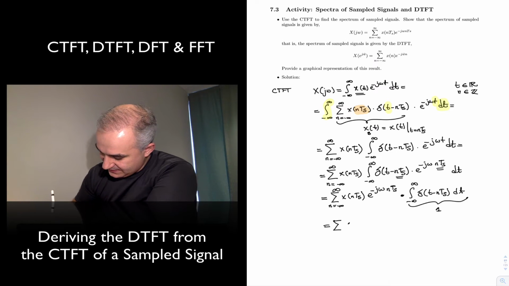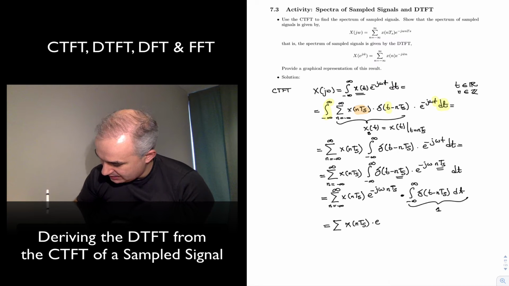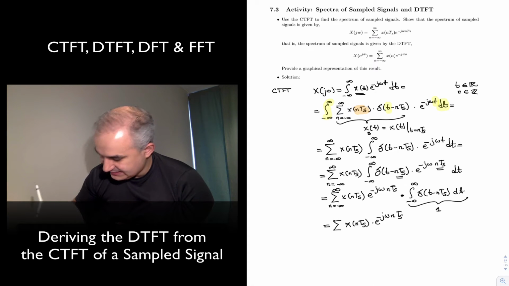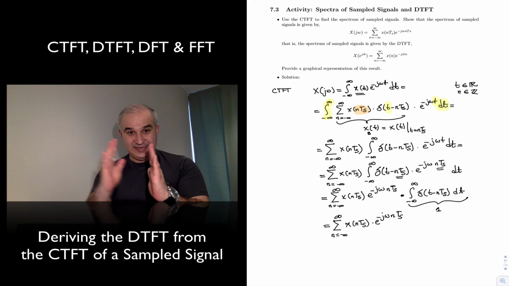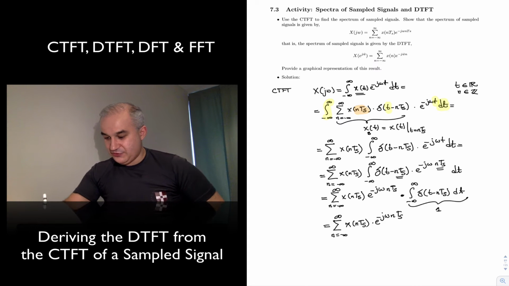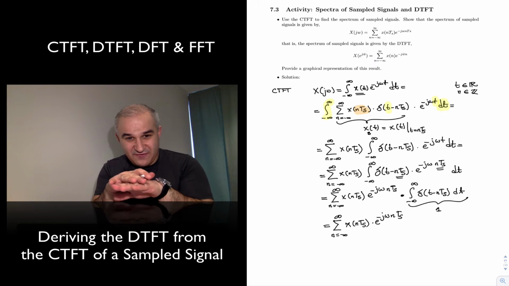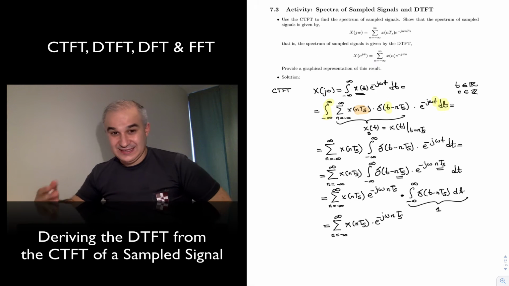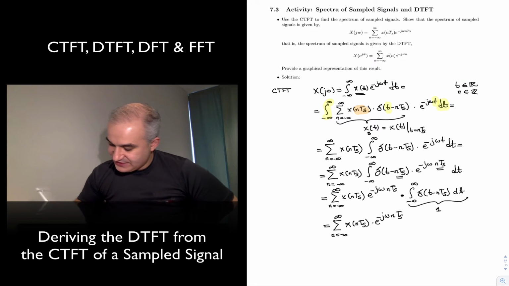is that the spectrum of a sample signal, you pick the samples, each one of the samples you multiply times e to the minus j omega nTs, because it's a discrete set of samples. Instead of using an integral, that is what we use anytime that our independent variable is continuous, in this case it's a function of n, and that gives us the spectrum.